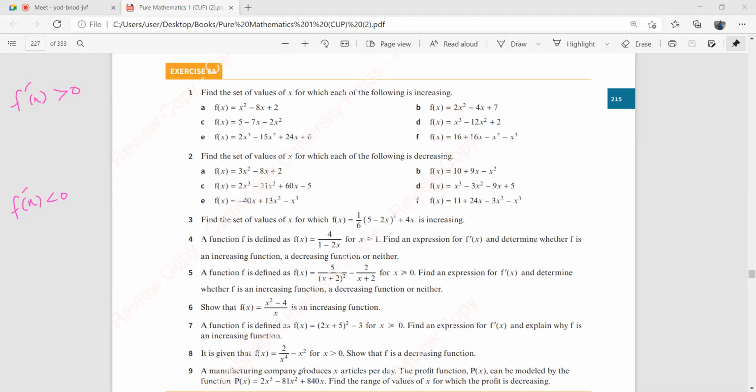Challenge, practice it. Sixth question, where we have to show that the given function is an increasing function. First of all, I will write this in a form where I can differentiate it, so I need to split this.